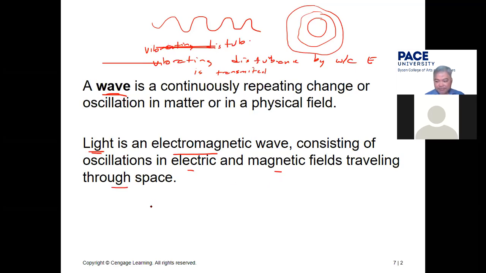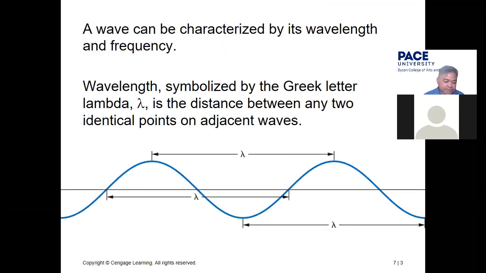Okay, so if we're going to look at this wave, we could say it is characterized by its wavelength and frequency. So wavelength is just the distance between any two identical points on adjacent waves.